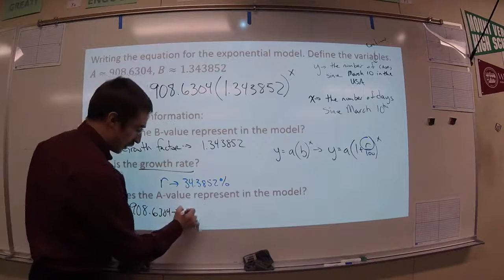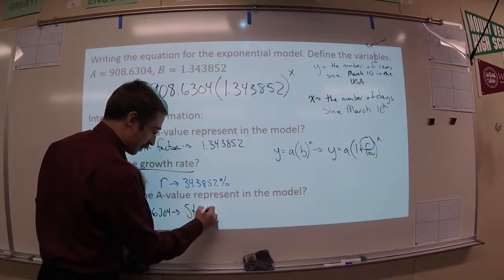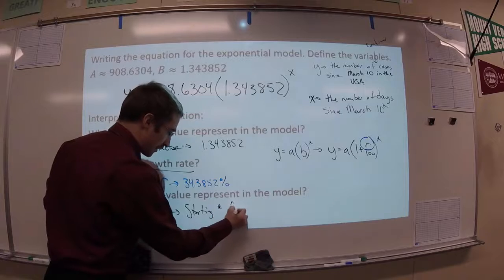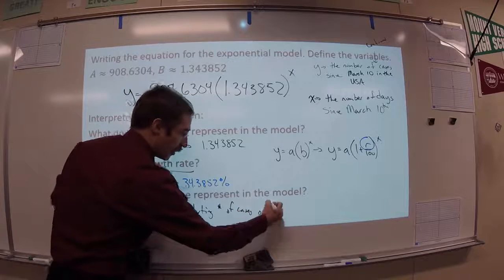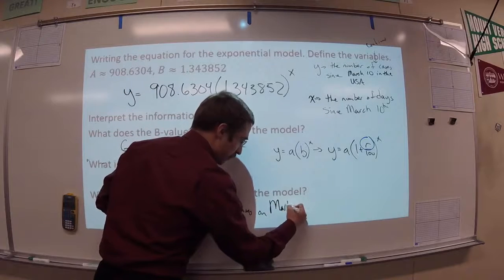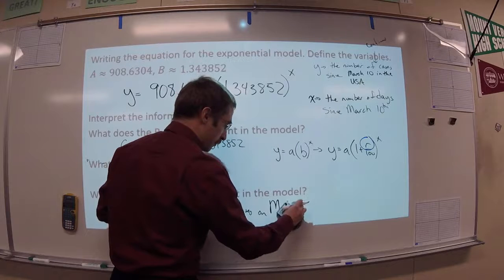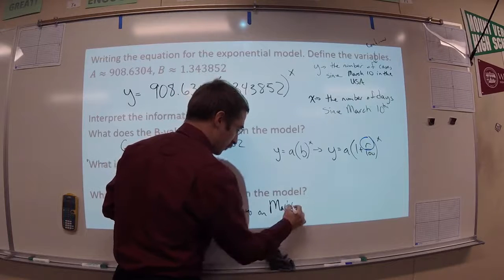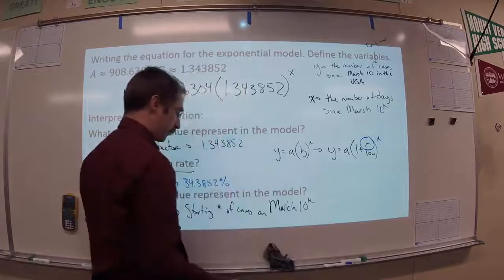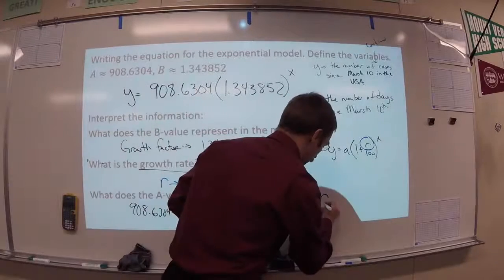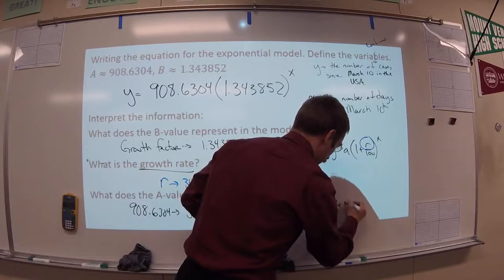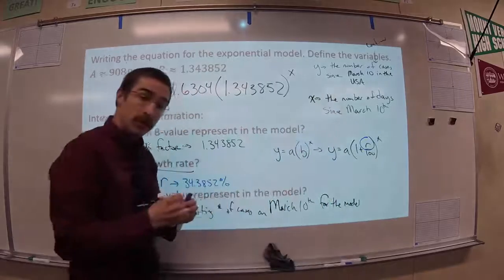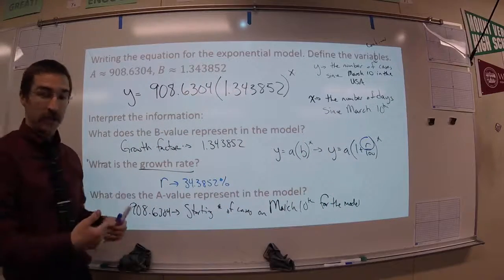This a value is the starting number of cases on March 10th for the model. It's not the actual number of cases, it's the model's number of cases for March 10th.